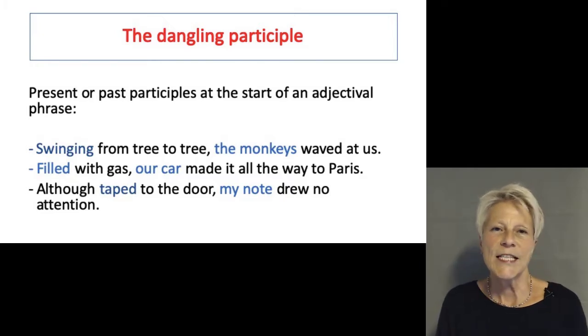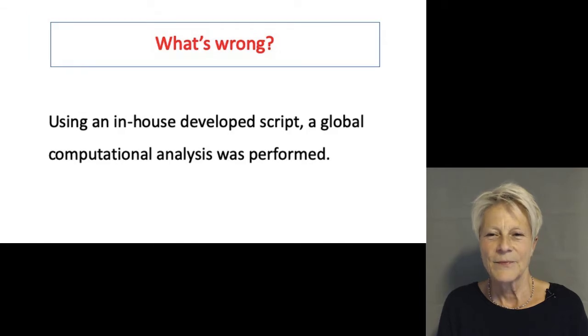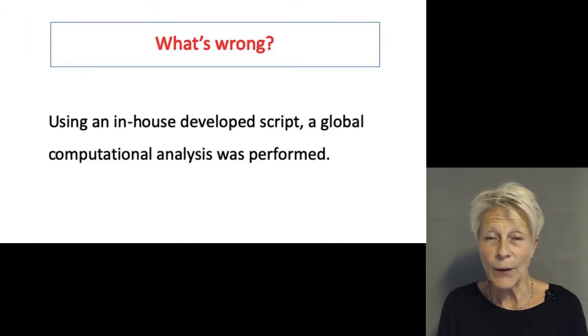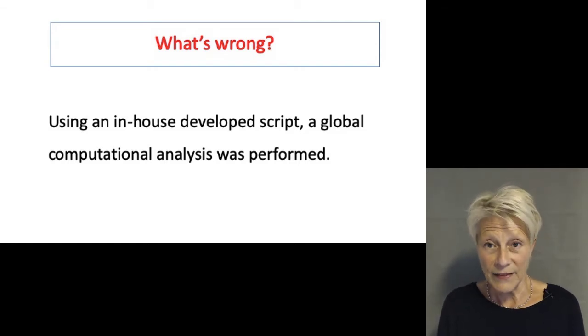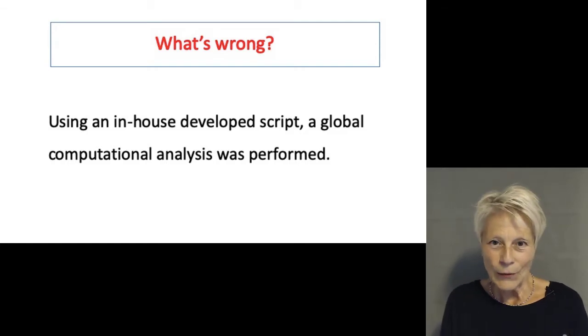Now, knowing this, you will recognize the problem in this sentence, and the commonly used phrase using or based on in the methods section. This sentence suggests the global analysis used an in-house developed script. But that's not what the author means.